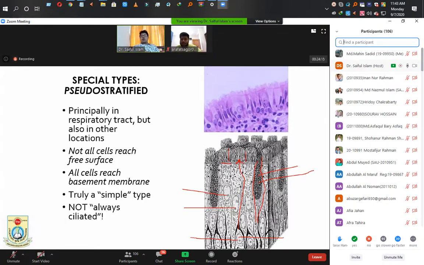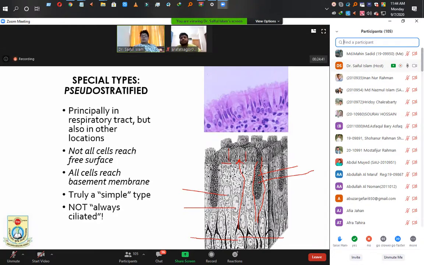So now maybe you understand what pseudo-stratified epithelium is. It is basically simple columnar epithelium, but it is the exception, which is why we call it pseudo, because in this type of simple columnar epithelium, the nuclei are not located at the same level.